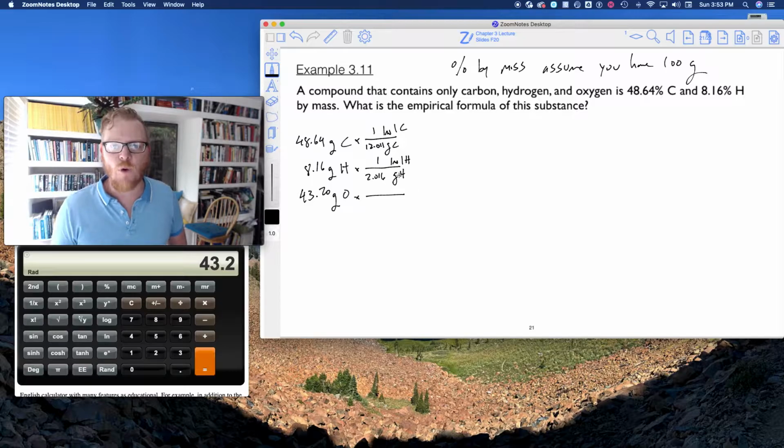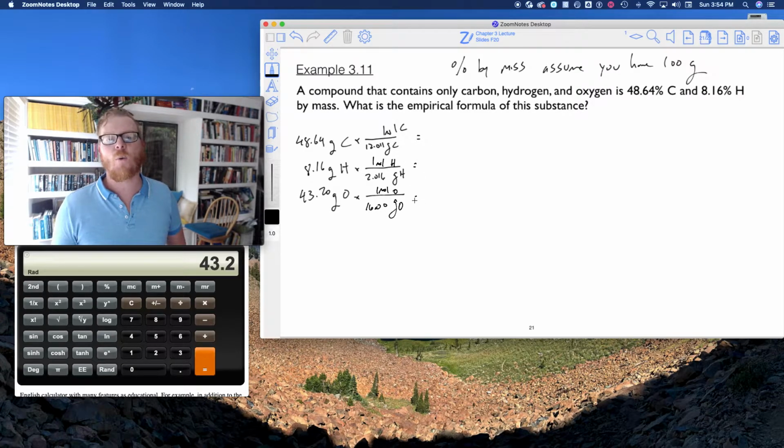Okay, I think I keep writing 1 twice there. 1 mole hydrogen, let's write this out so you can see it a little bit better. 1 mole hydrogen. Okay, 43.20 grams oxygen, and then I know I've got to go grams of oxygen to moles of oxygen. So in 1 mole of oxygen, there's 16.00, okay?